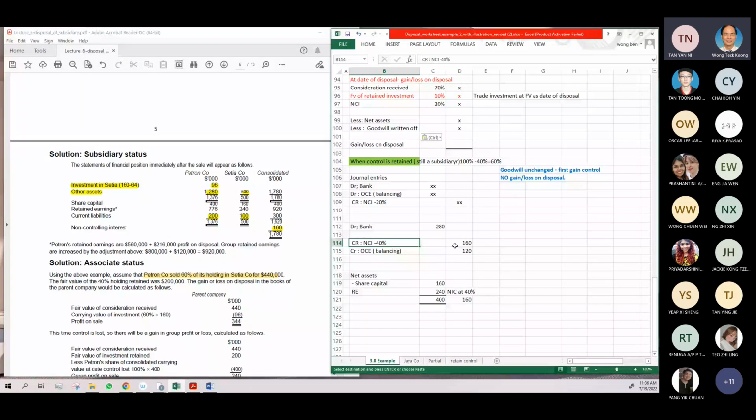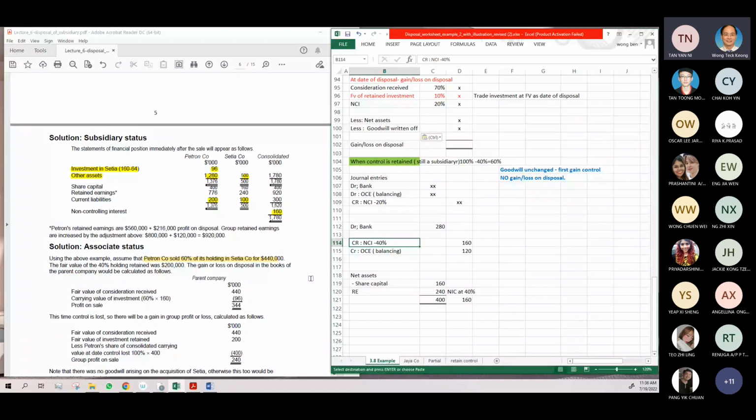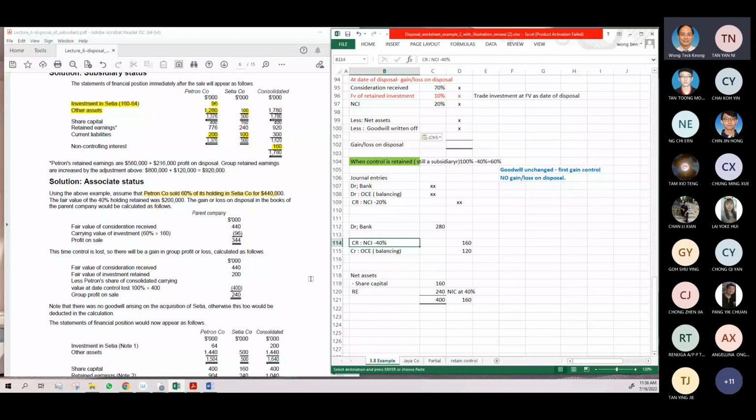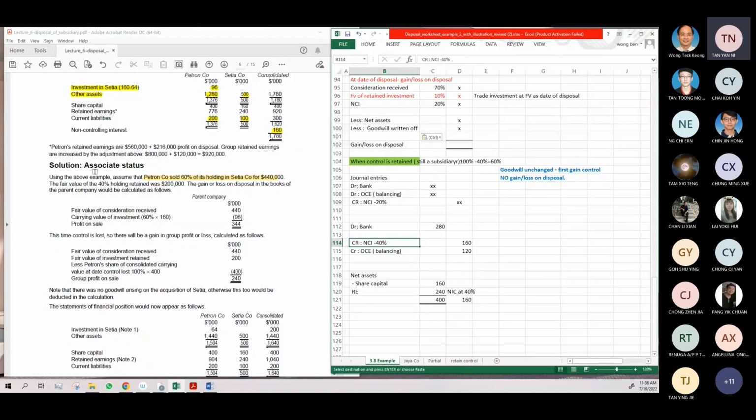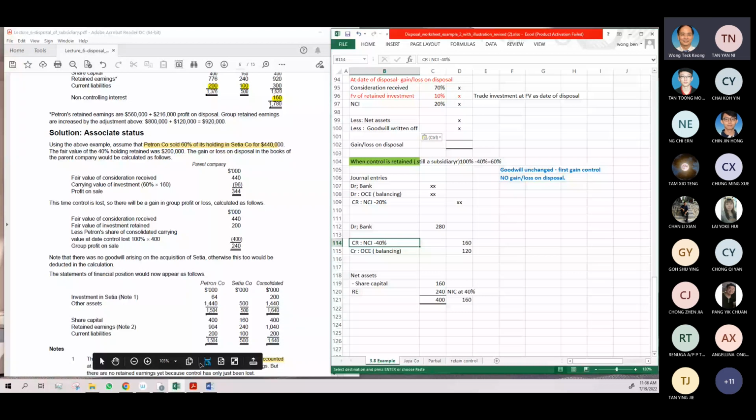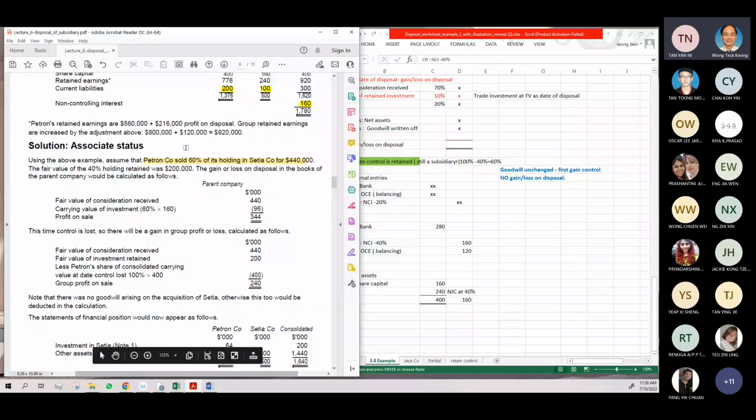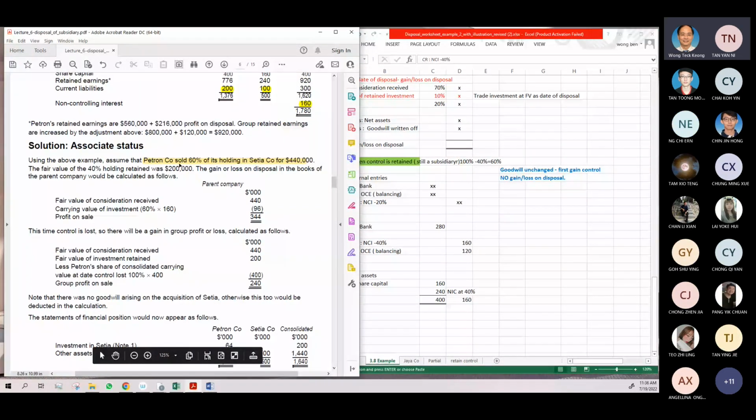So think about it. Any question? No? Okay, so now what will happen is, using the above example to make it more interesting, assume Petra sold 60% of its holding for 450.